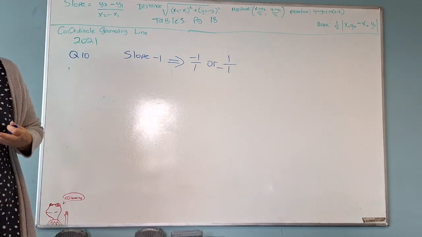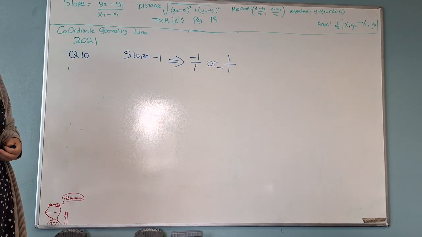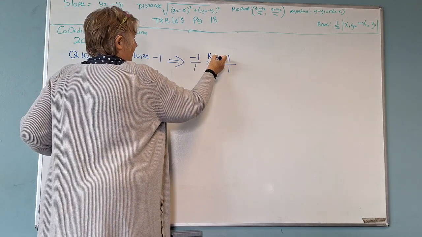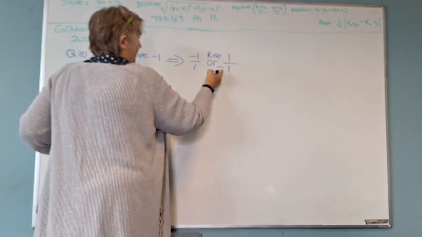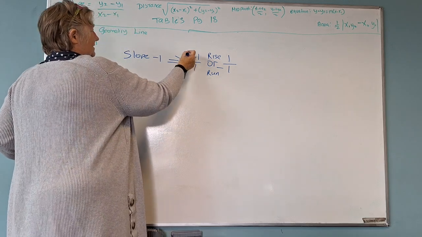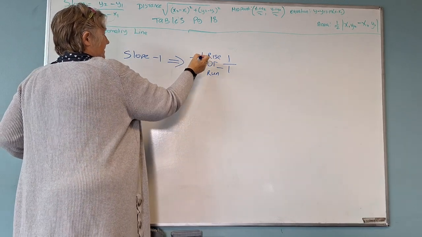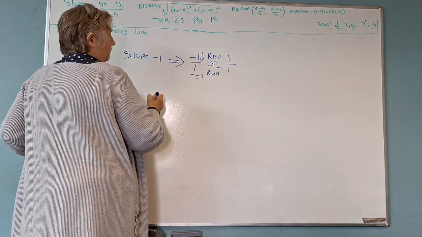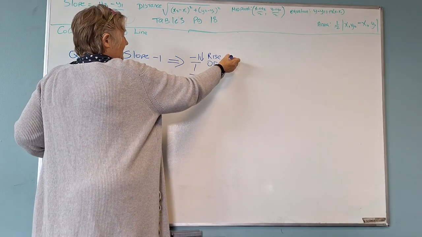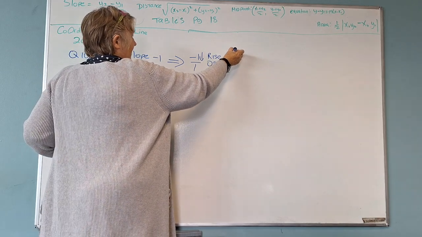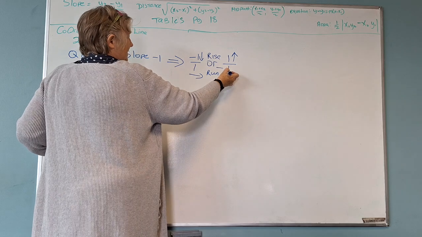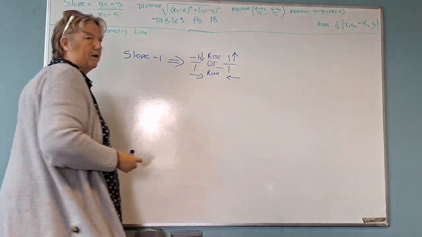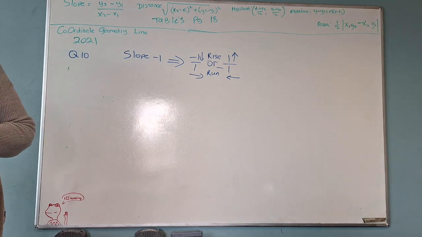And what these do is give you your directions to draw your slope. So remember, the top one is your rise and the bottom is your run. When it's a minus number, you're going down. When it's a plus number on the run, you're going forward. When it's a rise number and it's a plus, the lift is going up. When it's a minus number and it's a run, we're going backwards. Okay, so it's all about directions.